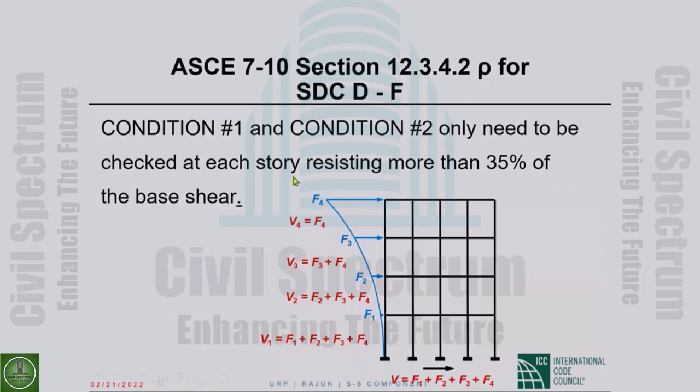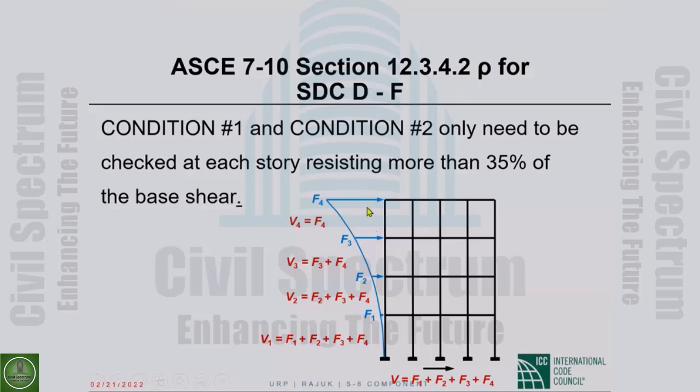So condition 1 and condition 2 only need to be checked at each story resisting more than 35% of the base shear. You do that check at each story resisting more than 35% of the base shear. Okay?